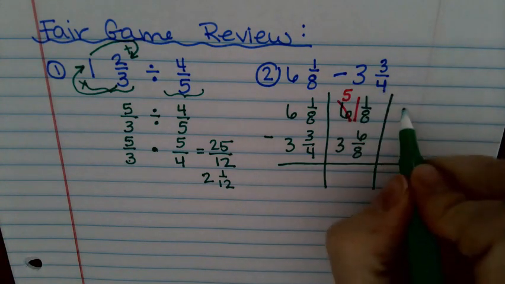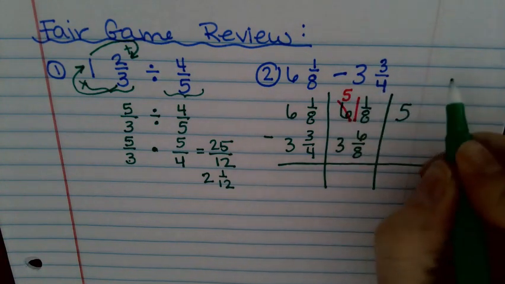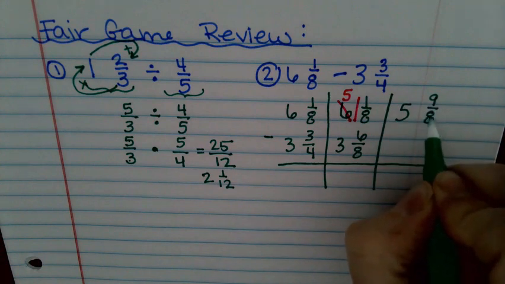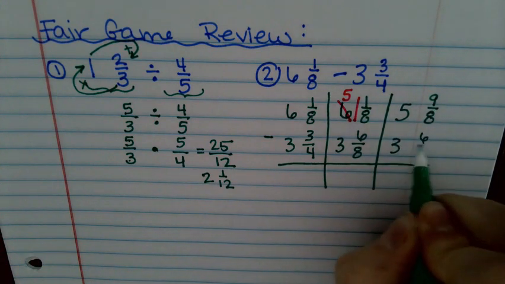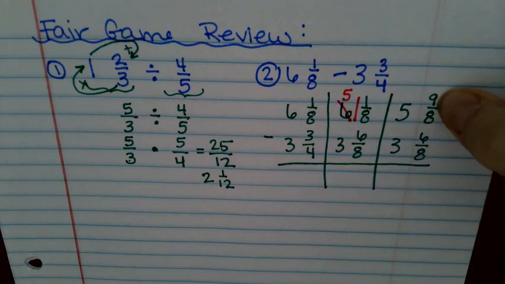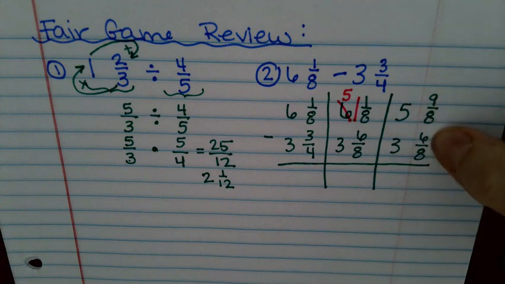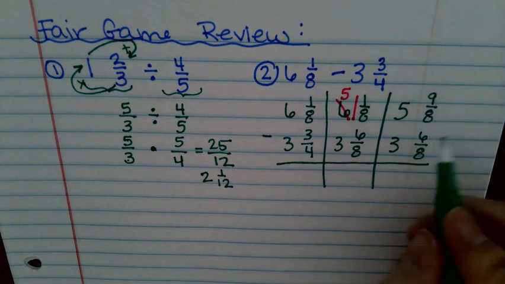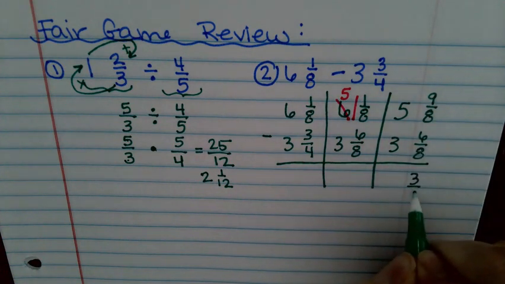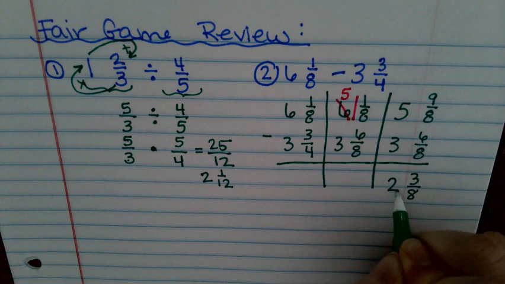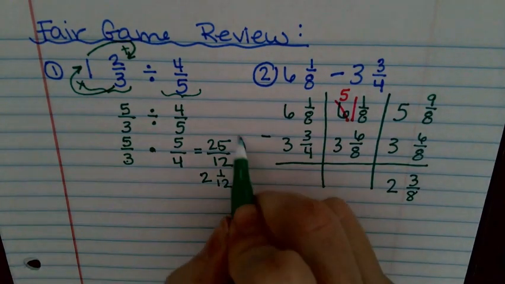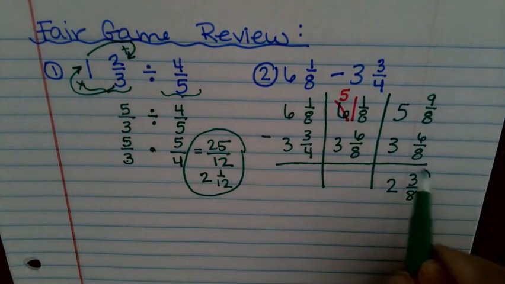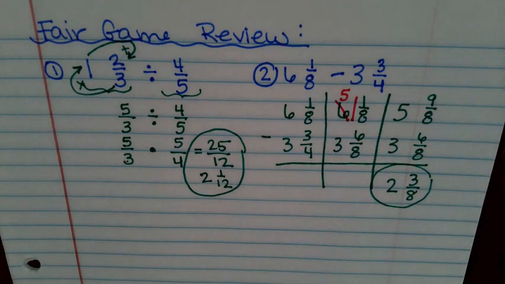I get the whole number 5. 8 times 1 plus 1 is 9/8 minus 3 and 6/8. Now, the numerator in this fraction is greater than the numerator in this fraction, so I can go ahead and subtract. 9 minus 6 is 3/8. 5 minus 3 is 2. So those are the answers. And I should have put a circle around those and a circle around those.